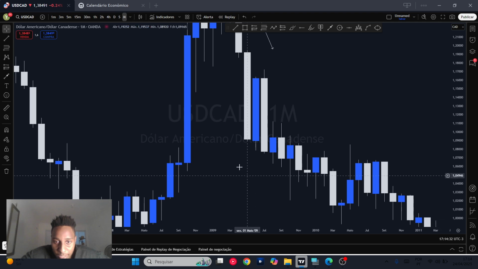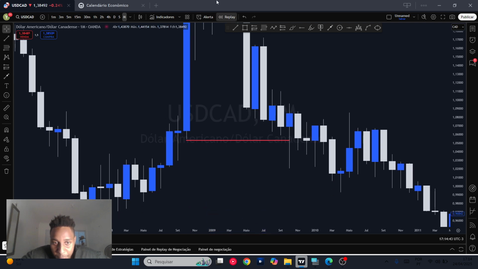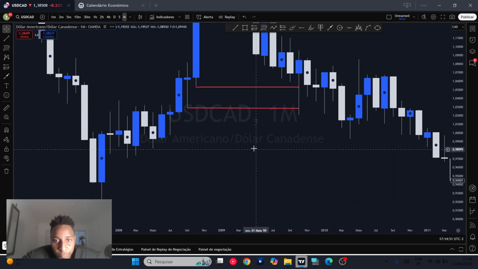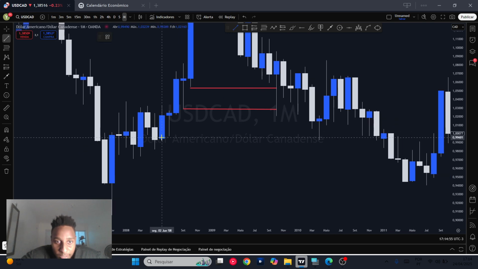Can we take a closer look at this low right here? Price took the liquidity and went a little bit up here. Price respected the liquidity as well, took the liquidity and went up right here. What can we see in this candle right here?